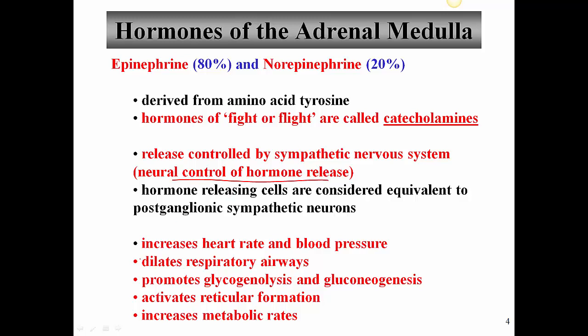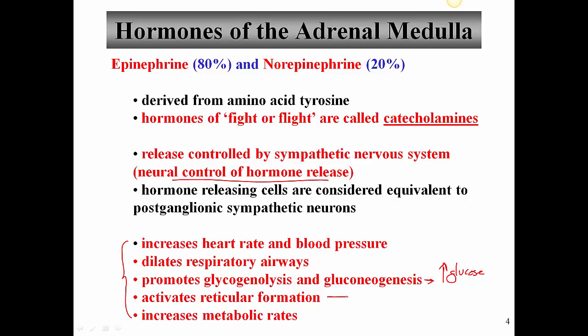Now, some of the things that epinephrine and norepinephrine do, as you can imagine, would be part and parcel of the fight or flight response. Increase in heart rate and blood pressure, dilation of respiratory passages, promotion of glycogenolysis and gluconeogenesis. Both of these, if you remember, are designed to increase glucose, as we said when we did our metabolism and nutrition lectures.